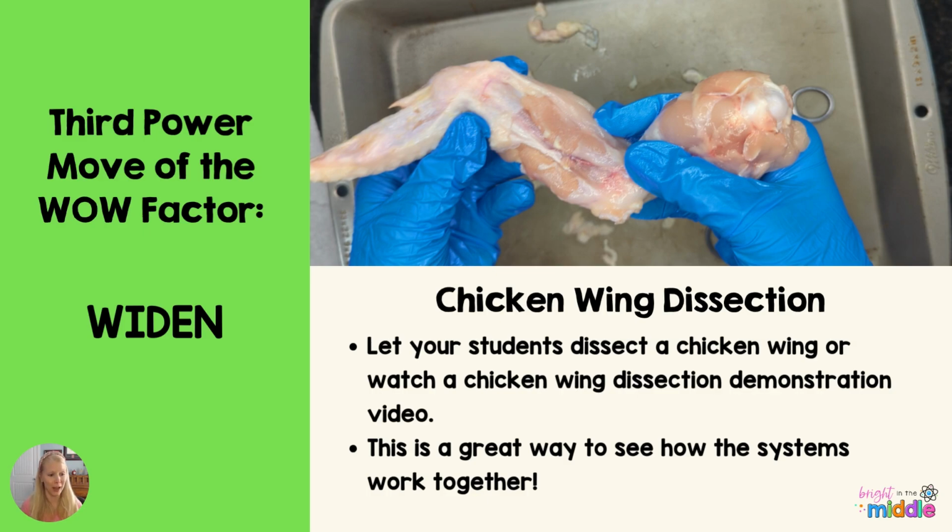That's why I do have the chicken wing dissection lab, and I can link that below. But it includes an instructional video to show you how to dissect the chicken wing. But if you don't have the means to actually have all of your students to do it, well, number one, you could do it as a demo, but number two, you can actually just pull up the video and have them answer the reflection questions and think through things by watching the video.